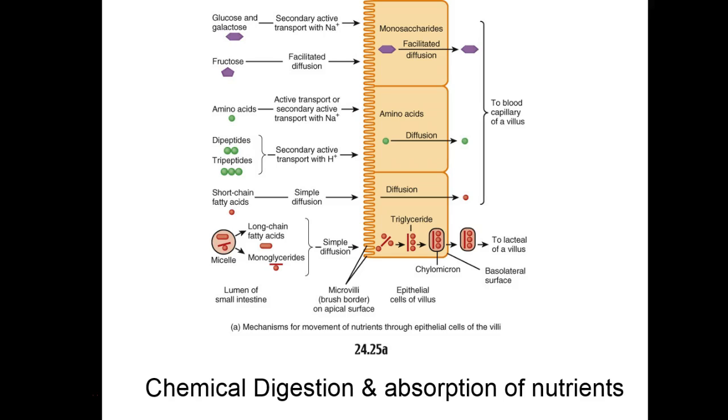And what you're seeing on the left is the apical surface of the epithelial cell, which is the brush border, the microvilli, and then what you're seeing on the right is the interface between the epithelial cell, sorry, kind of tongue-tied, and the blood capillary.